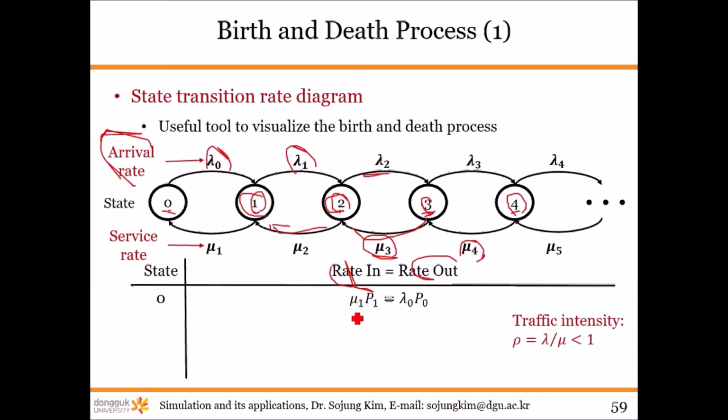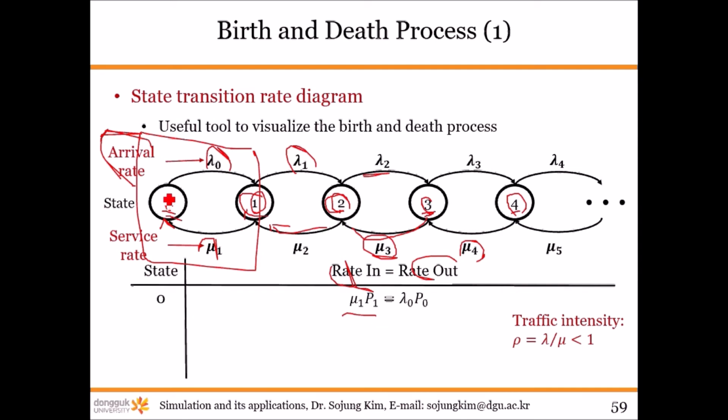Right. So if you look at this part, okay, in order to maintain the state 0, the probability P1 has to be multiplied by mu1 so that you can calculate rate in, right?